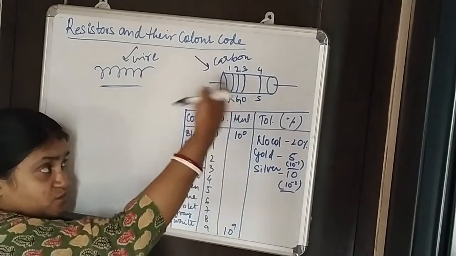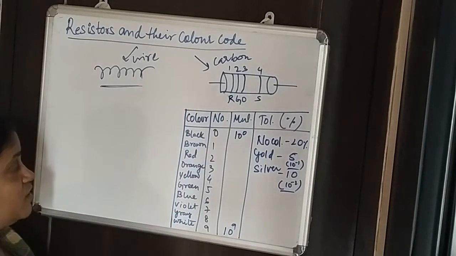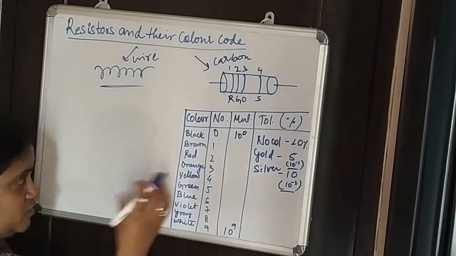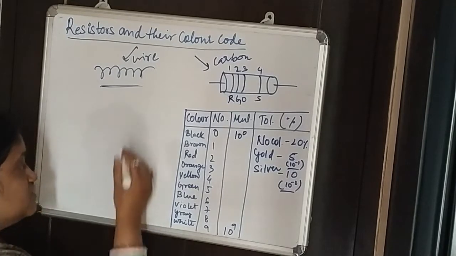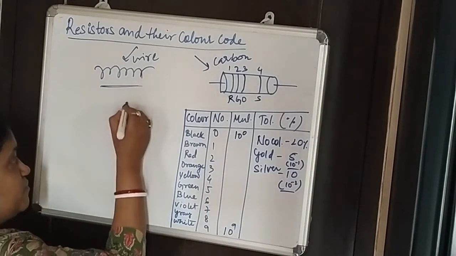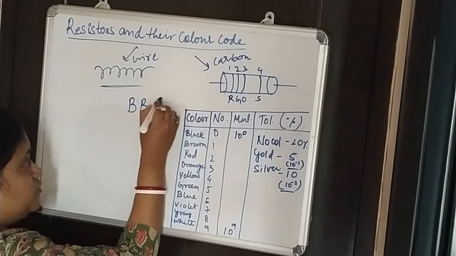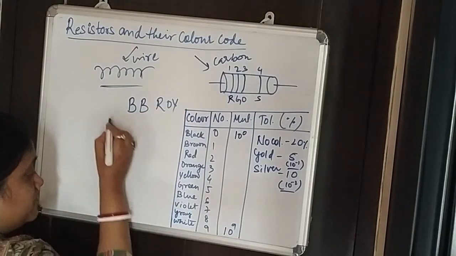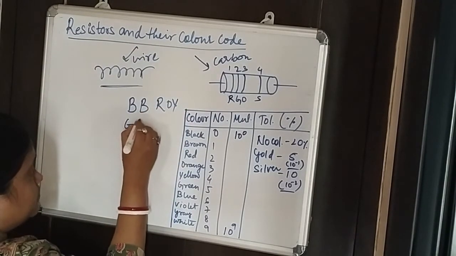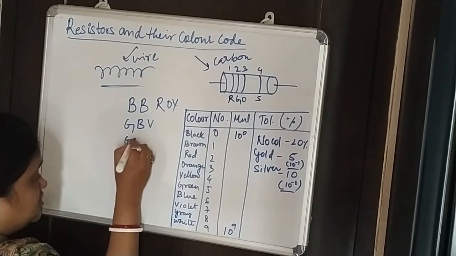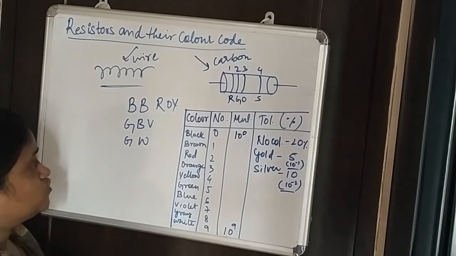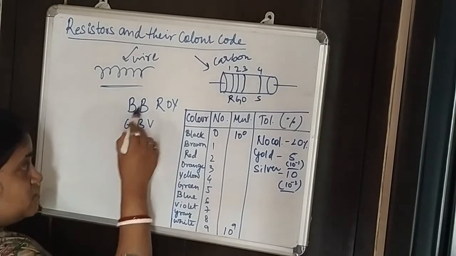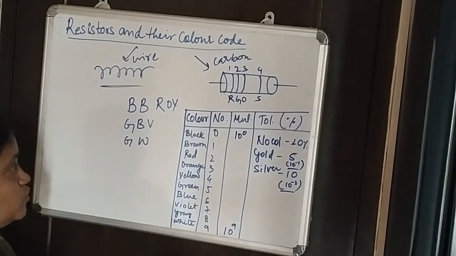So we will learn what the color code is. If you want to remember the color code, there is a very short way to remember it as BB Roy GBV GW. So this is the way to remember the color codes.